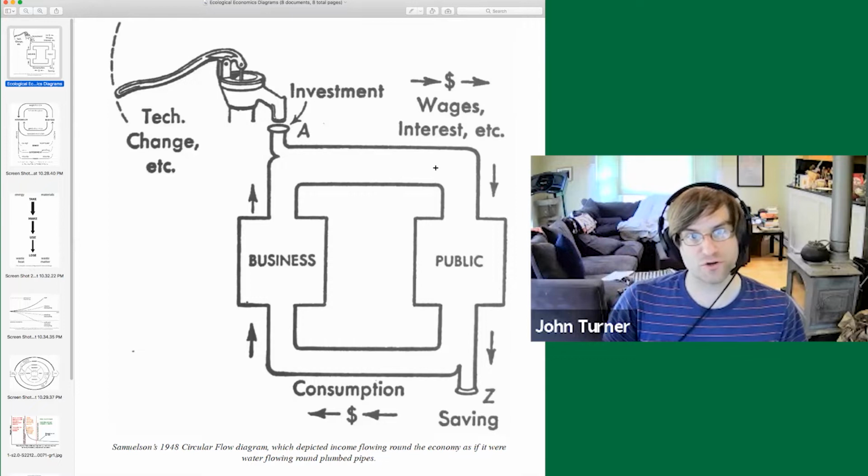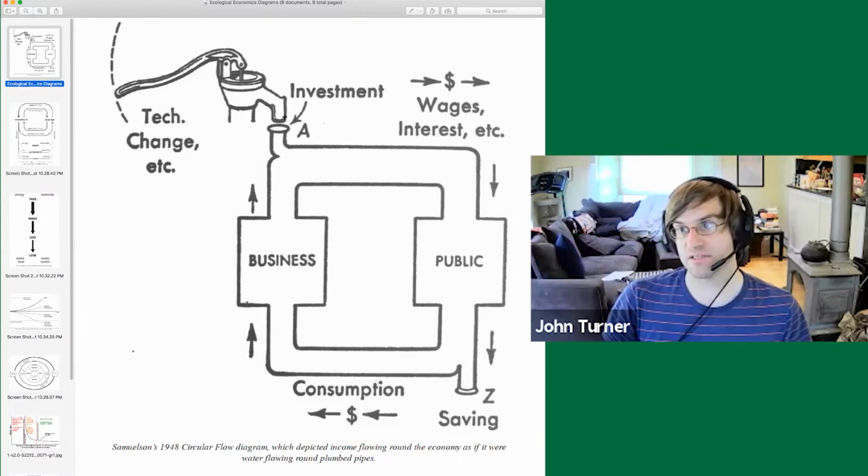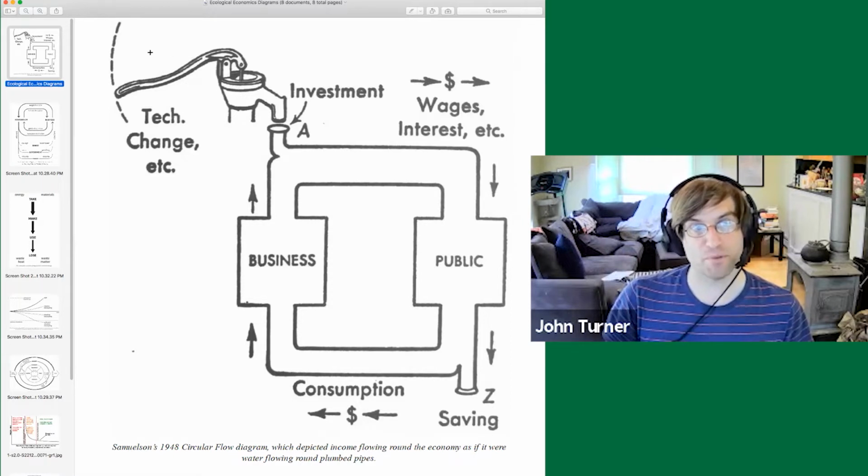This circular flow diagram is a fundamental picture of what economic activity is defined as in most conventional macroeconomic models. We'll go to a slightly more complex one in a minute.